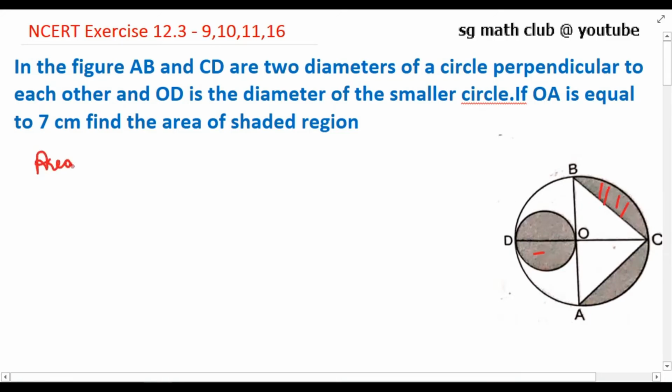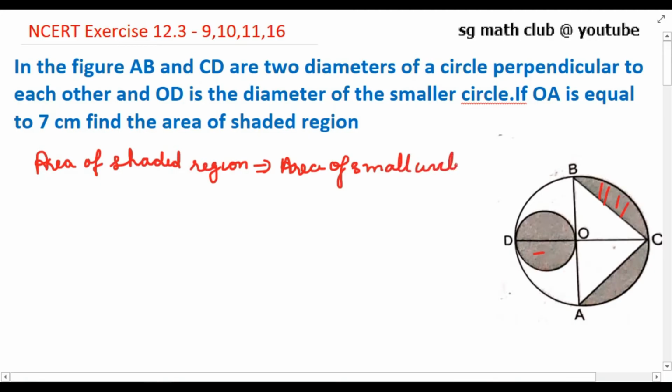So the area of the shaded region is equal to the area of the small circle, or you can say the area of the circle with OD as diameter, plus the area of the semicircle, minus the area of this triangle.